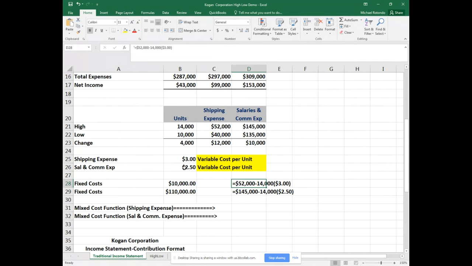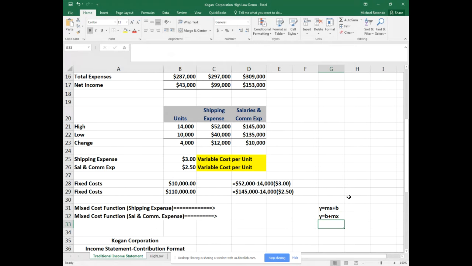So now we can come up with a mixed cost function that we can use at any level of activity in this relevant range, in other words, unless something changes. The mixed cost function is essentially the algebraic equation for a line, which is y equals mx plus b. We can change it around and say y equals b plus mx.